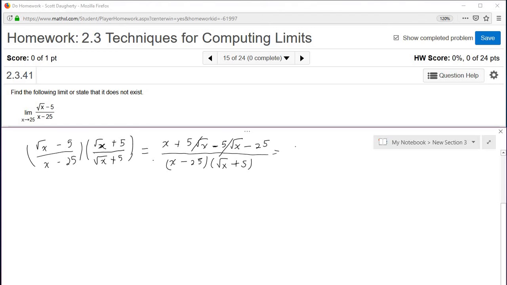And that just leaves you with x minus 25 on top. And that's going to cancel with the x minus 25 on the bottom. Those cancel out, and you're left with a 1 on top. It's actually 1 divided by 1, right? Since that's equal to 1. So you're left with a 1 on top.